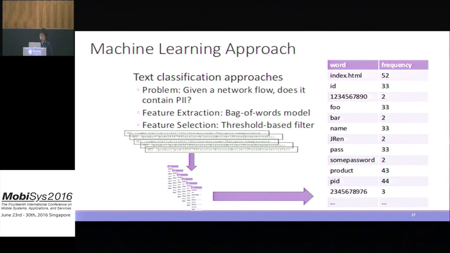To address this, we apply a threshold-based model to filter infrequent words like session keys and values that are specific to one user. Here, ID, name, and password are filtered and will not be in our feature set.